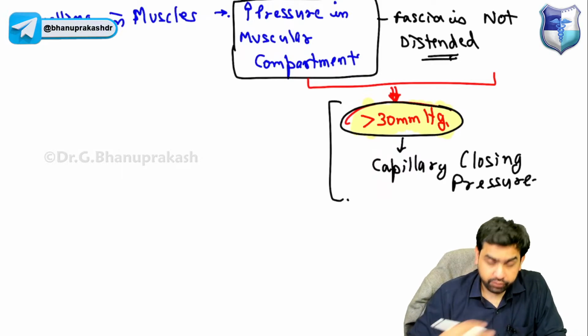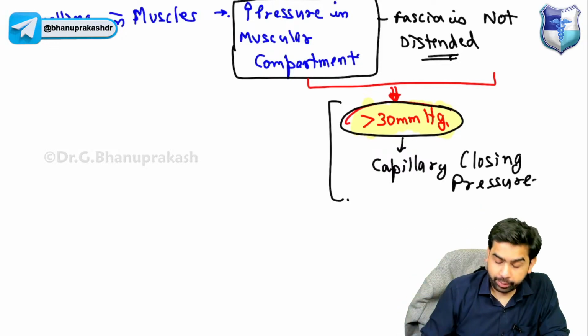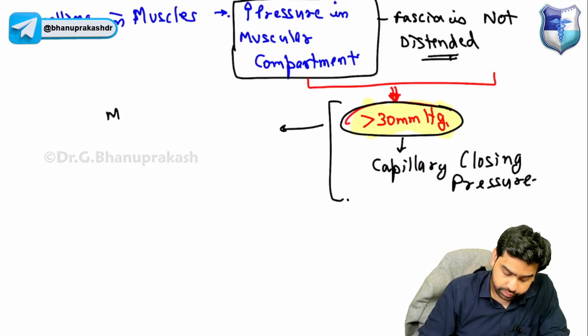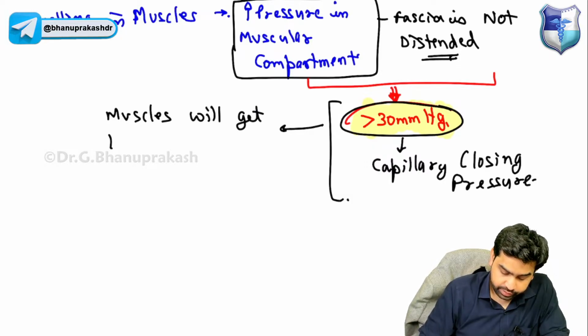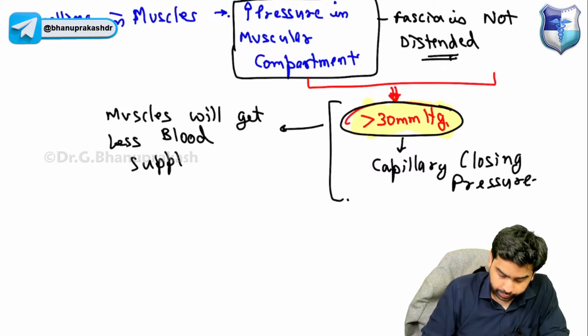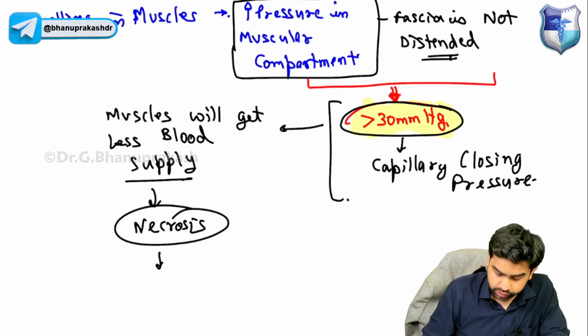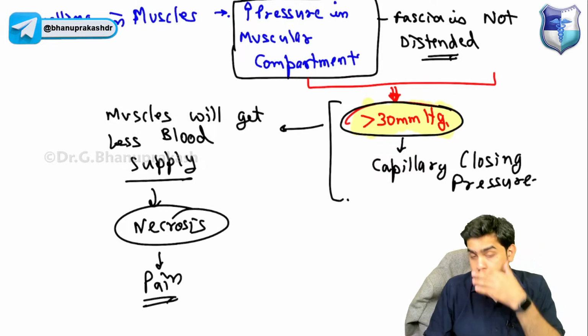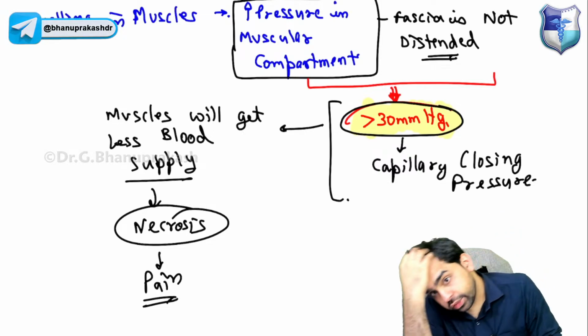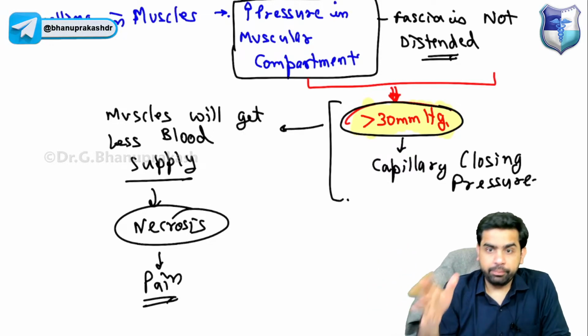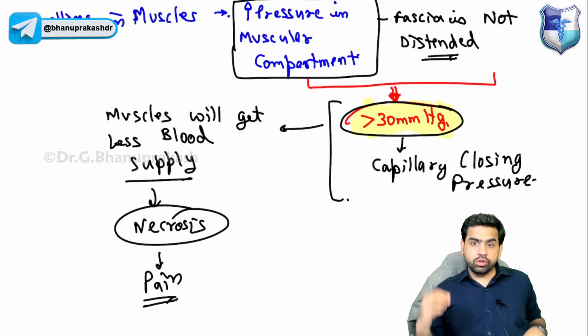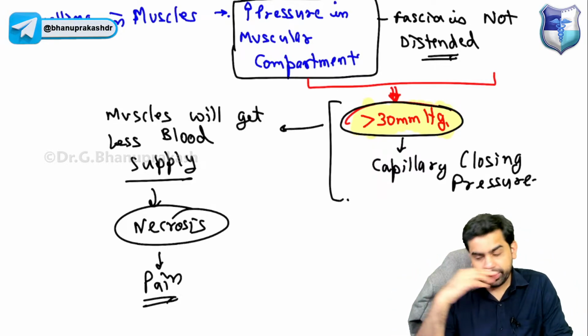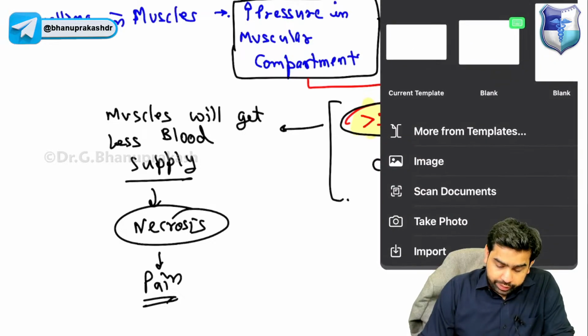If it goes beyond this 30 millimeters of mercury, the muscles will get less blood supply and they are going to undergo necrosis, and because of this there's going to be pain in the muscles. You understand my point? The microvasculature which is supplying these muscles is going to get hampered, and that is what causes the necrosis of the muscles, and the muscles are going to get tight.